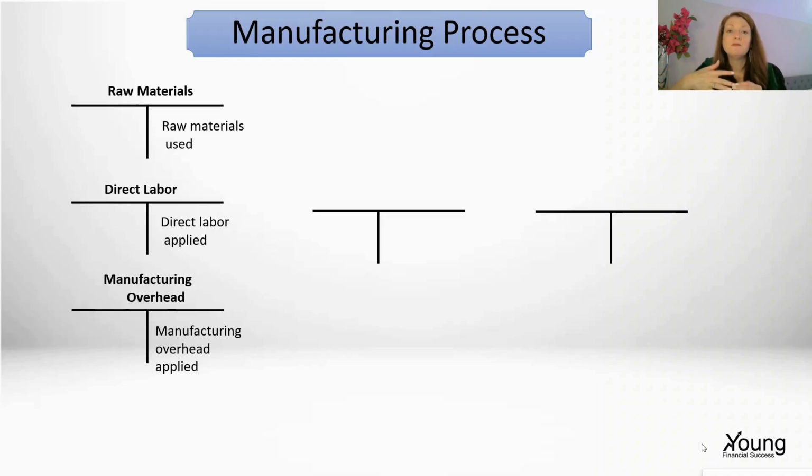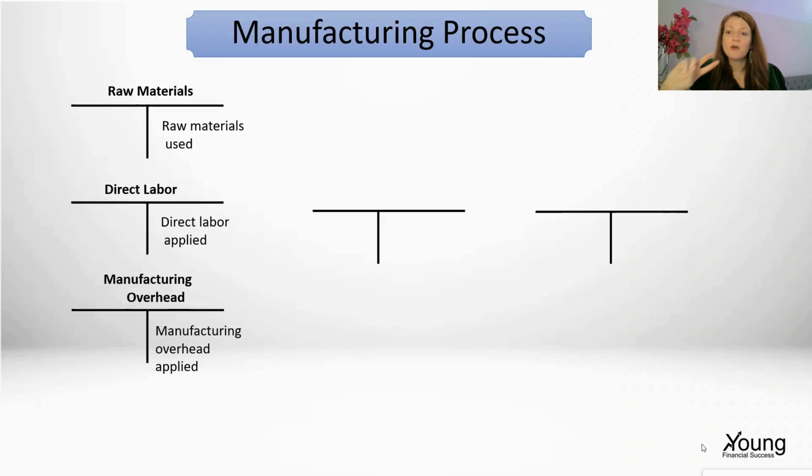This could be the depreciation on the building and the electricity and the water and the heat and air that is used for your building that the manufacturing is done in. Not for the offices or anything like that, but just anything that is solely focused on manufacturing this company's goods. That would be manufacturing overhead.